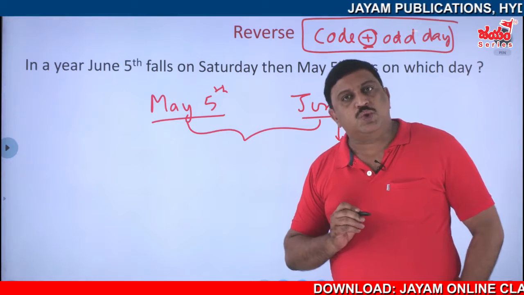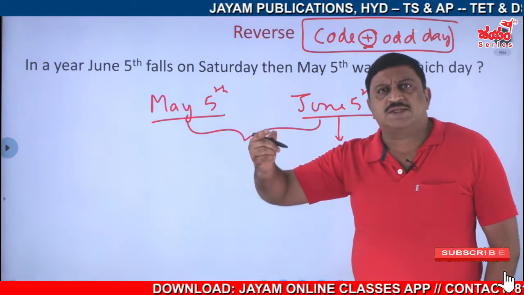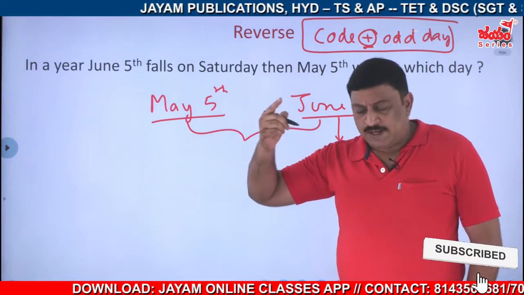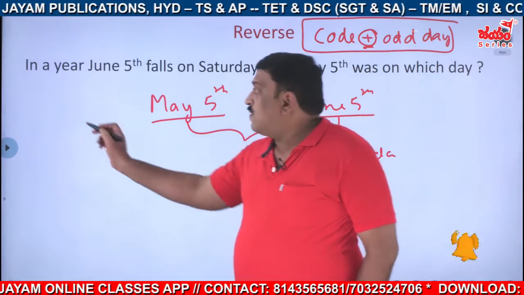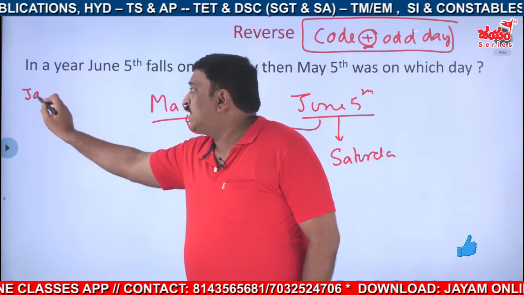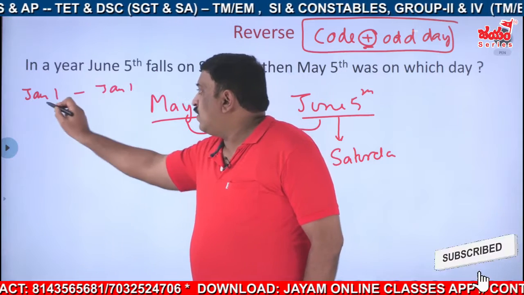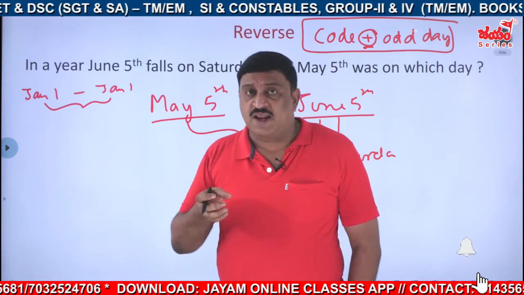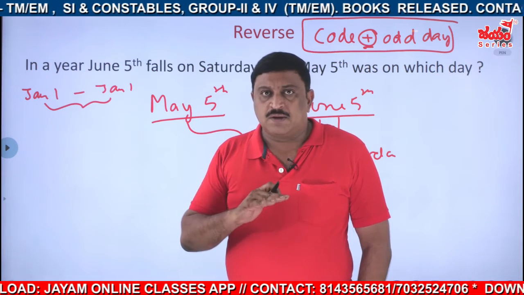May 5th to June 5th means just like our previous case, while we are finding odd days, January 1st of this year to January 1st of the next year is considered as 1 year. That 1 year may be a normal year or a leap year. Is it not?